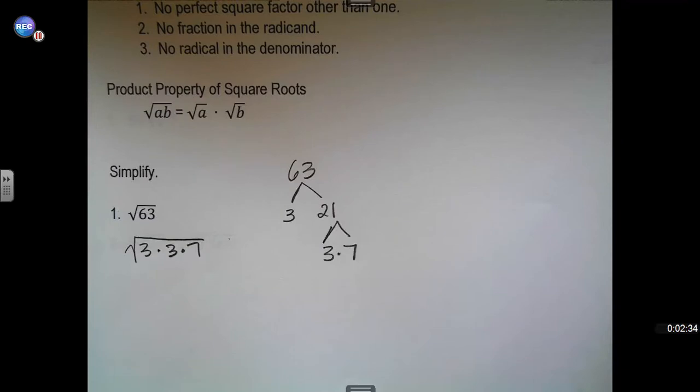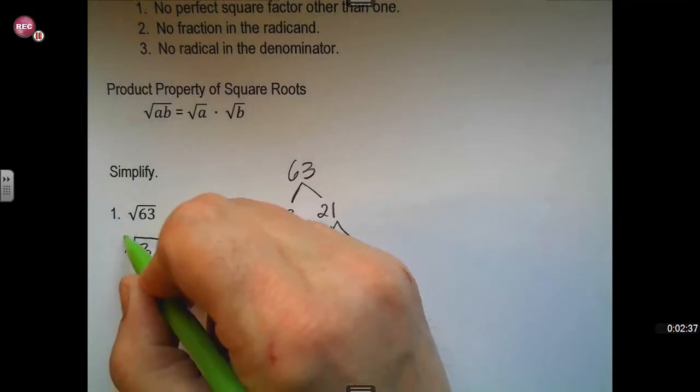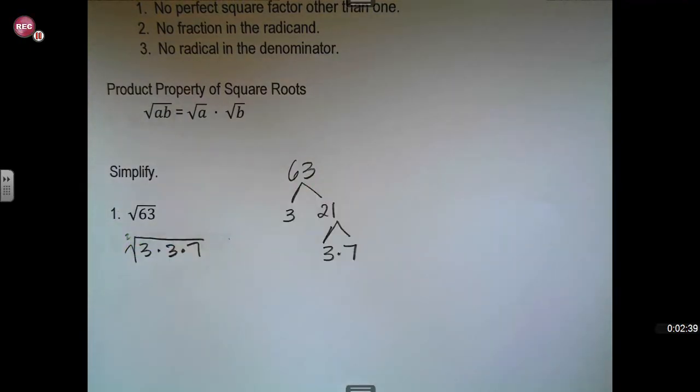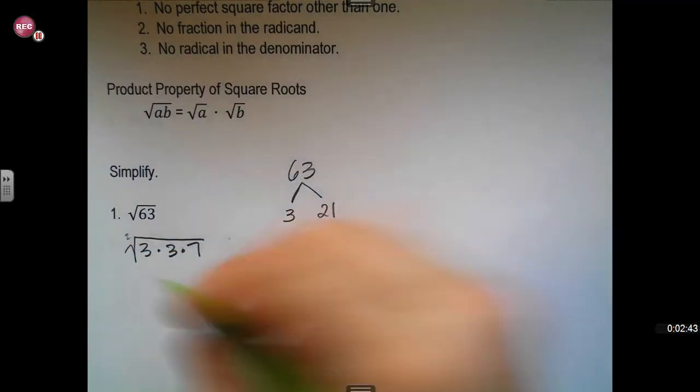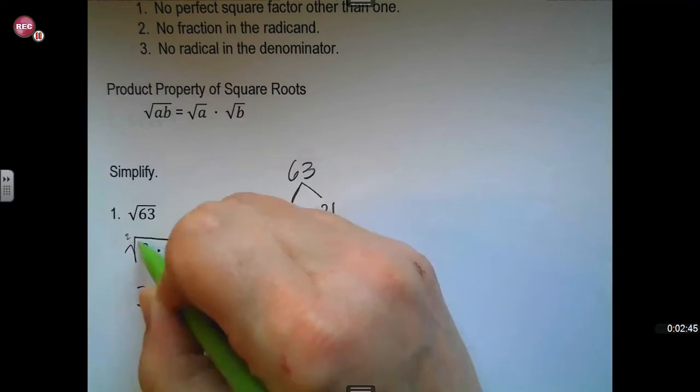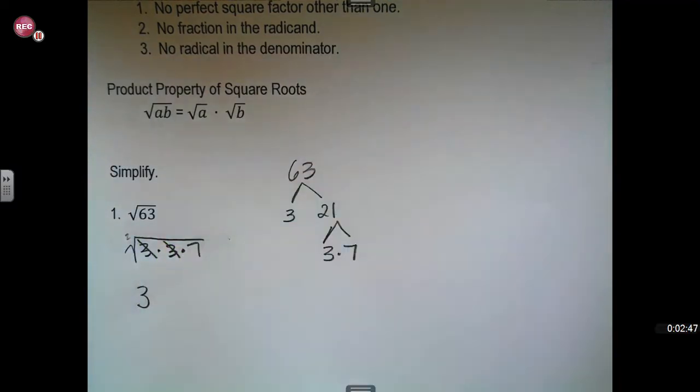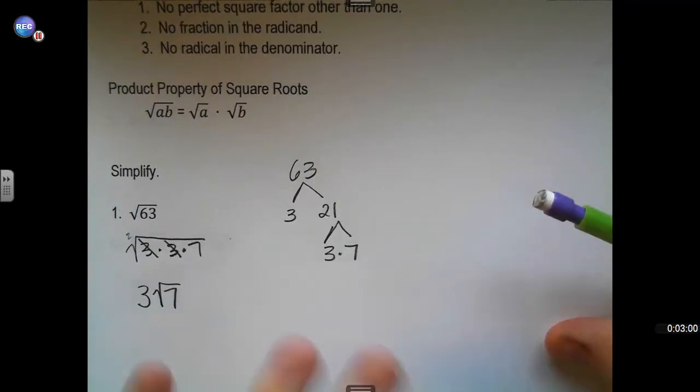And then here's how, because this is a square root, wherever there are 2 alike, I take one out and the other one disappears. And then whatever's left has to stay in there. So there's the square root of 63 simplified, 3 square root of 7. And that's all there is to that, okay?